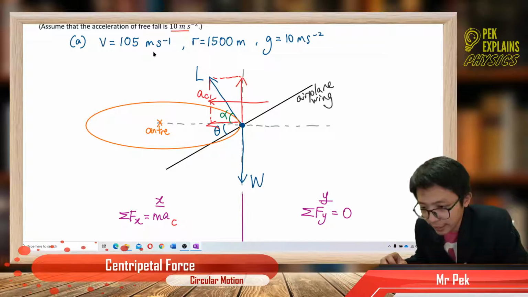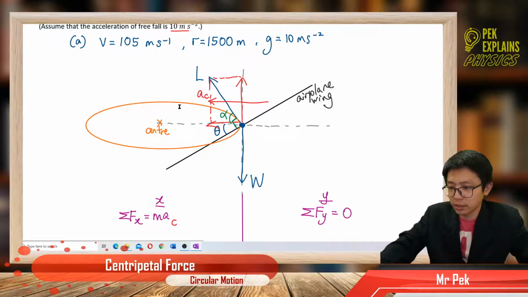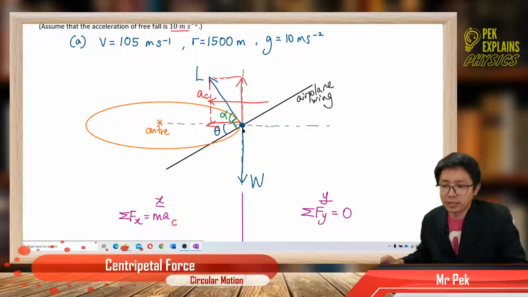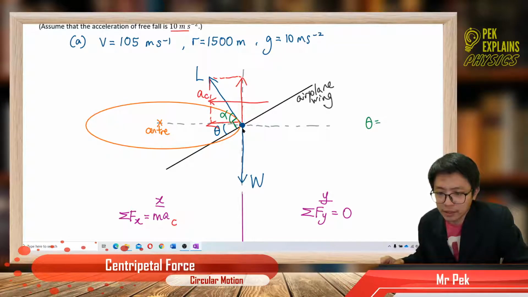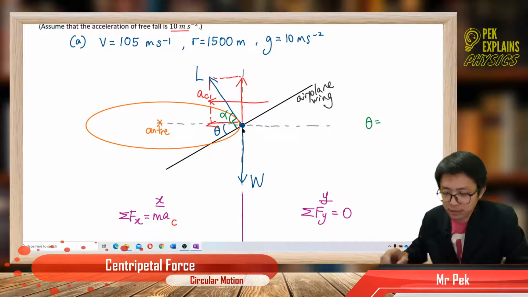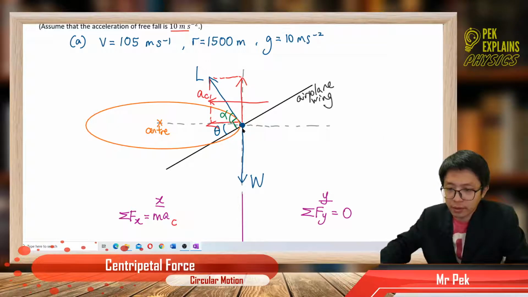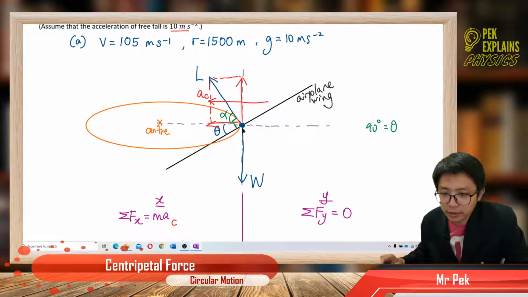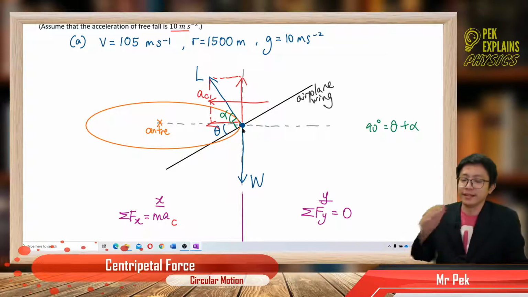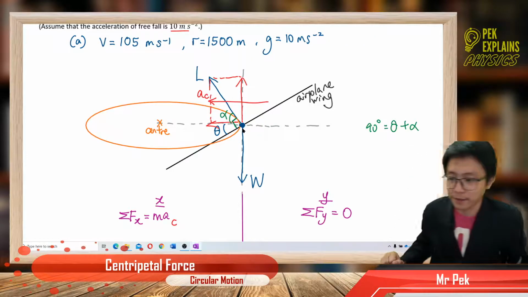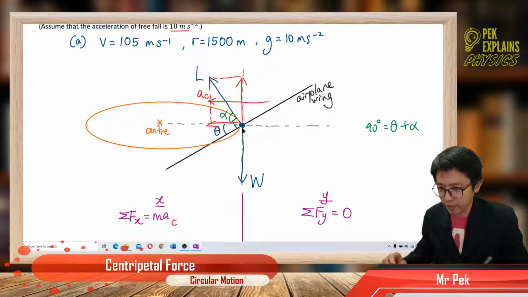You see, the angle between the lifting force and the wing is 90 degrees. So 90 degrees is actually theta plus alpha. We need the alpha because we want to resolve L into components.